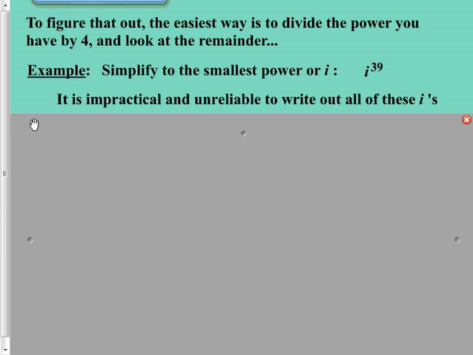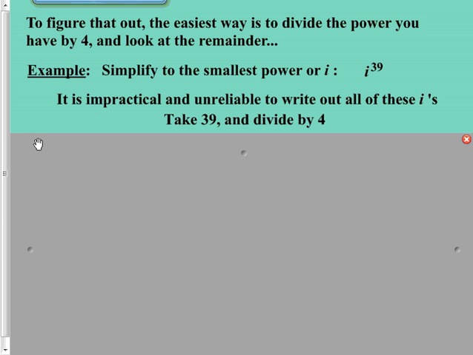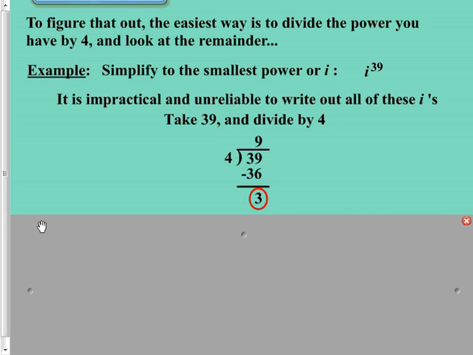Just do the math. Take 39 and divide it by 4. It's really not that hard. The division would look like this. 4 goes into 39 9 times. That would be 36. We subtract the 36 away, and we end up with a remainder of 3. It is this remainder that we are interested in.